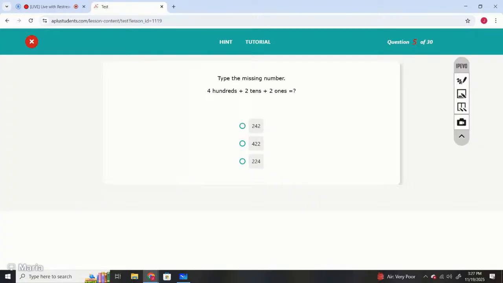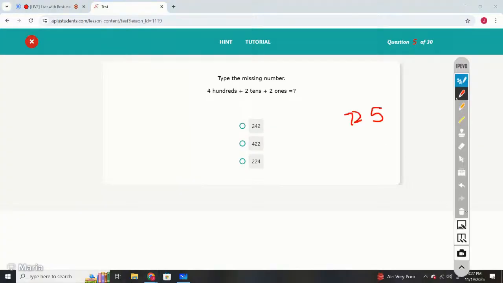4 hundreds, 2 tens, and 2 ones. So which is the correct option? 2 ones, 2 tens, and 400.